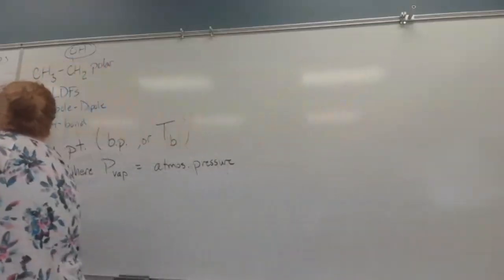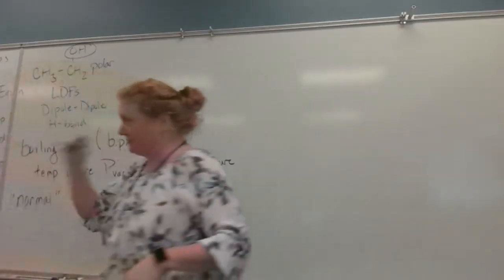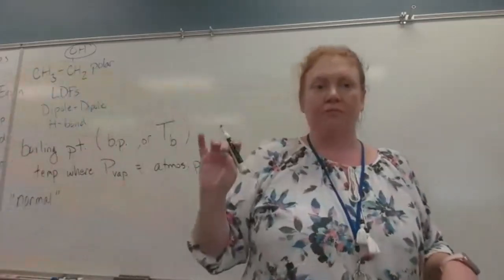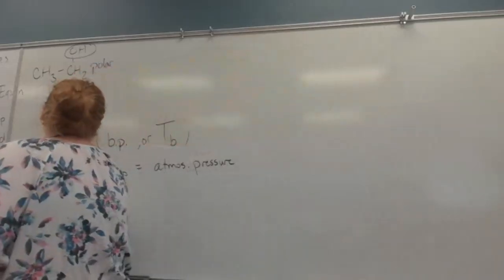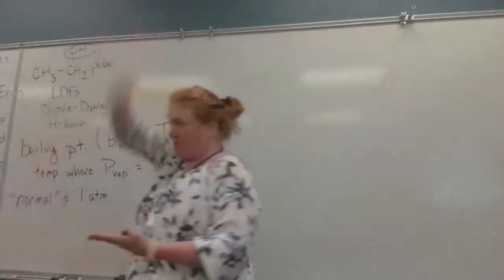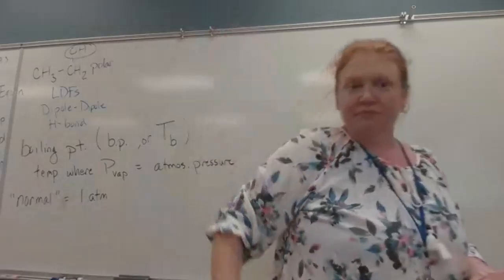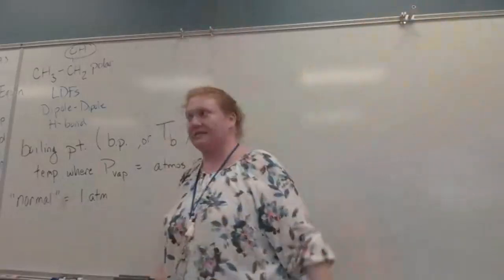We need to know what this word normal means, because this word is going to be used a whole lot right now. Normal means one atmosphere of atmospheric pressure. That was the unit most of us used in Gen Chem 1 when we did ideal gas law.